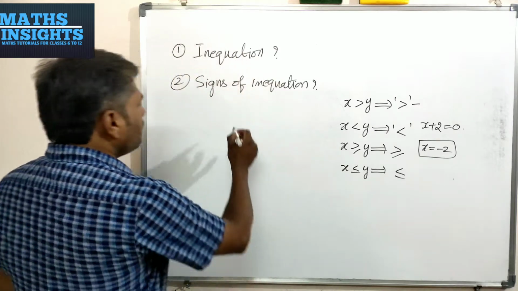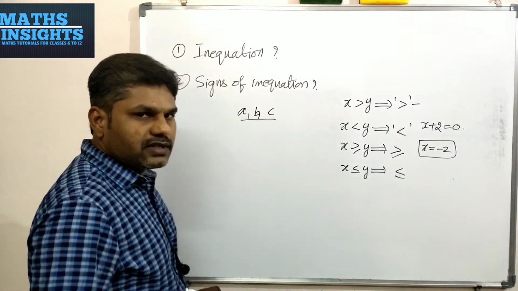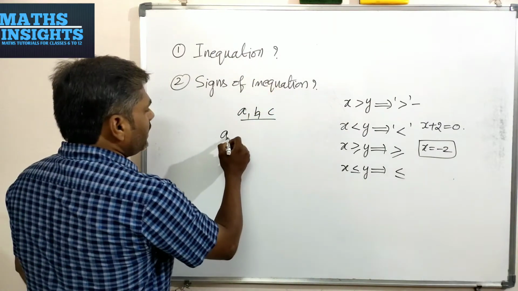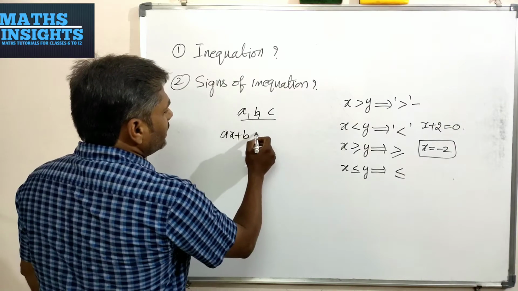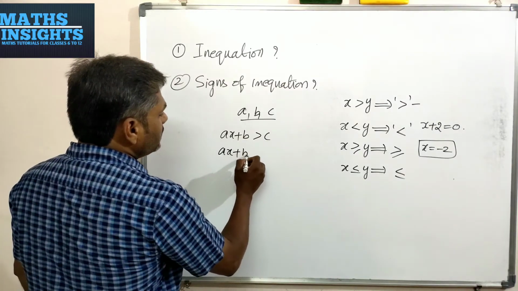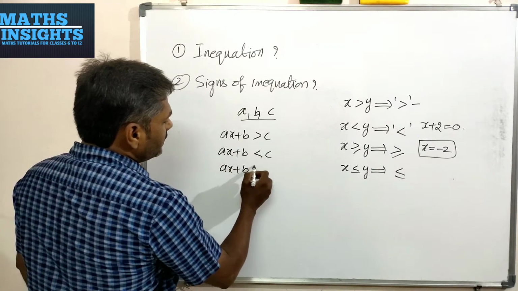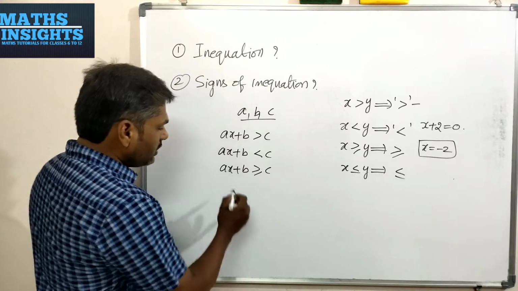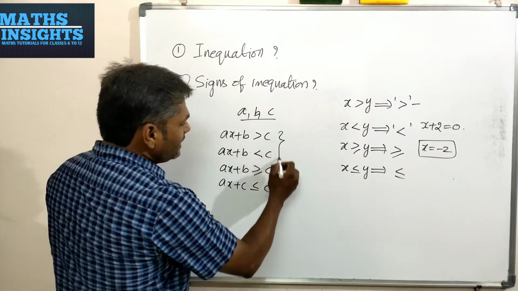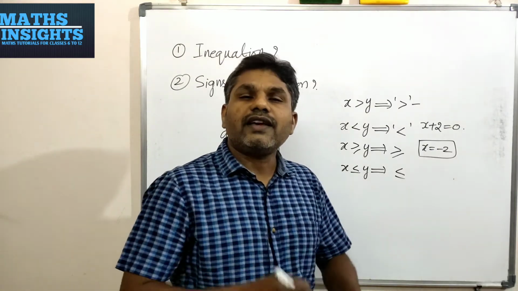If a, b, c are three real numbers, then ax plus b greater than c, or ax plus b less than c, ax plus b greater than or equals to c, or ax plus b less than or equals to c. These four conditions, relations are called inequations.